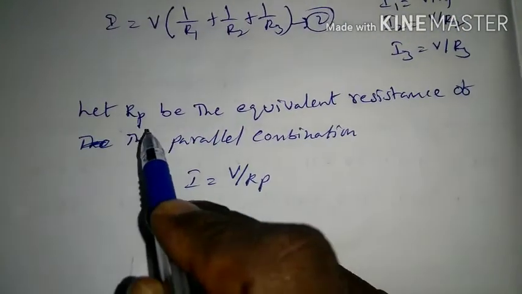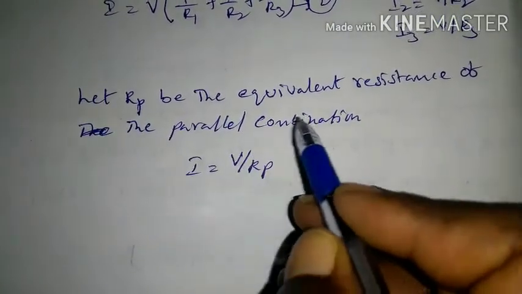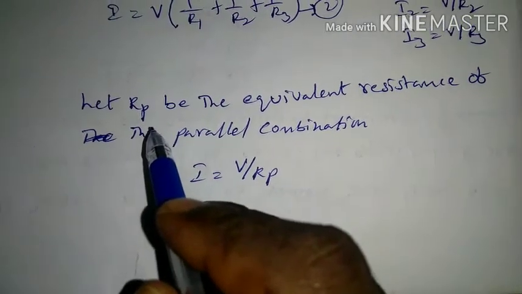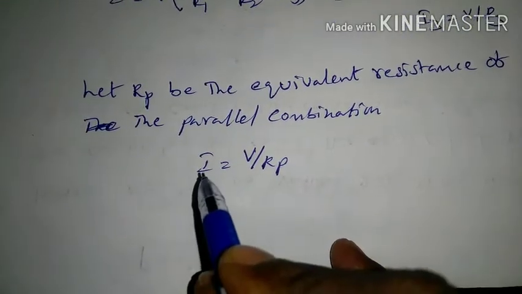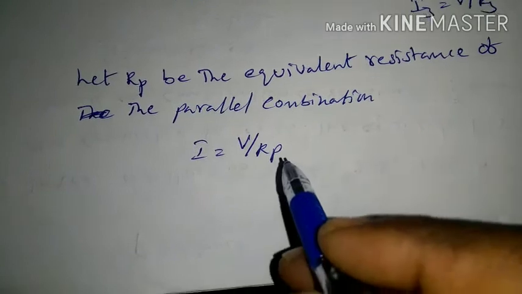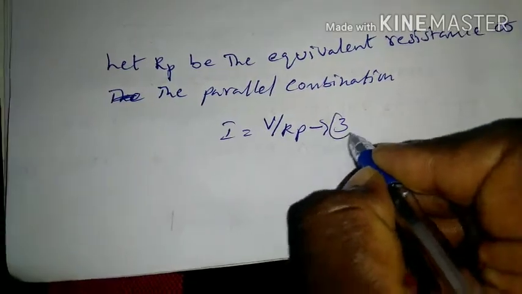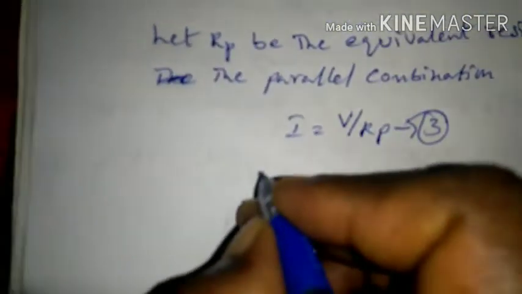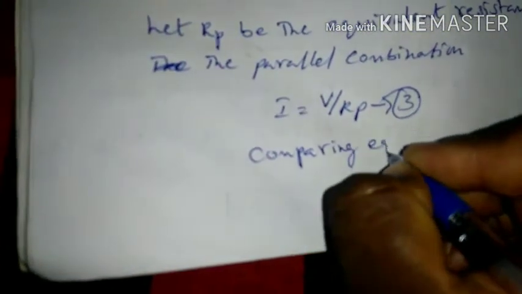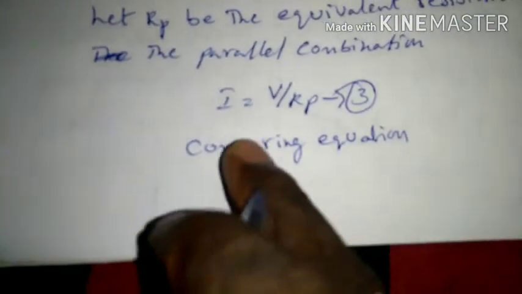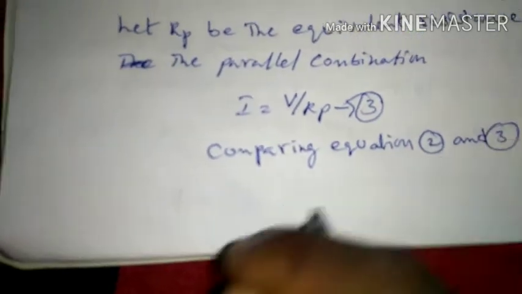Let Rp be the equivalent resistance of the parallel combination. Rp means resistance in parallel. Then I is equal to V by Rp. This is equation 3.